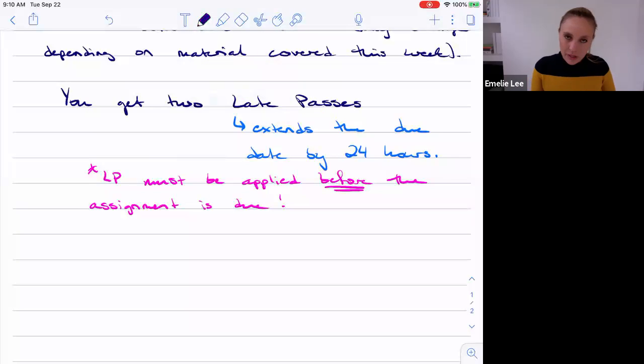As far as your attempts go, I've said you have 10 attempts per question, but your first 2 are freebies, and then your 3rd attempt, your 4th attempt, each of those are going to be penalized by 5%. It just deducts 5% for each, which isn't that bad.